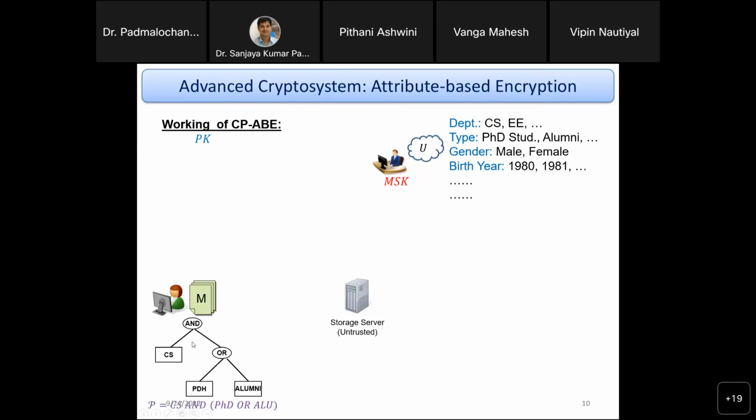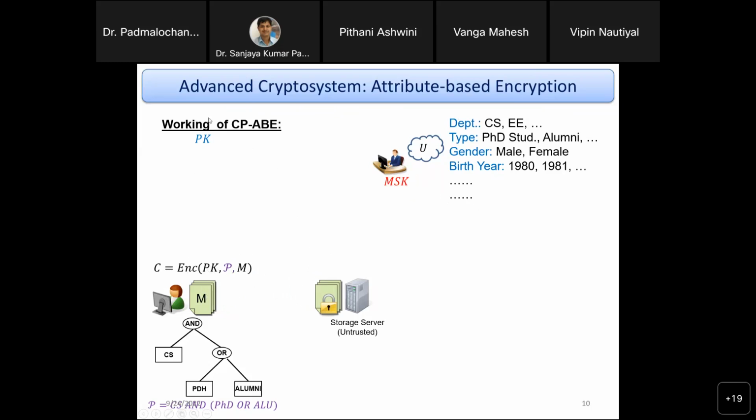This public key, the plaintext message, and a policy defined over these attributes are used to generate the ciphertext. The public key is generated by some third party and shared with all the stakeholders publicly. The MSK, the secret or private keys, are shared only with the respective users.